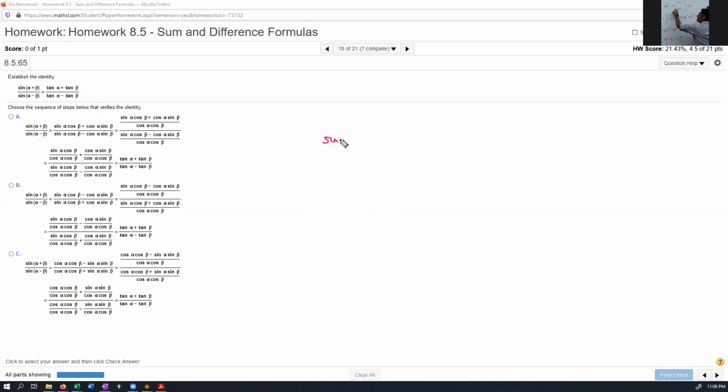Okay, sine of alpha plus beta over sine of alpha minus beta equals tangent alpha plus tangent beta over tangent alpha minus tangent beta. Okay, I guess I'll start with the left-hand side.